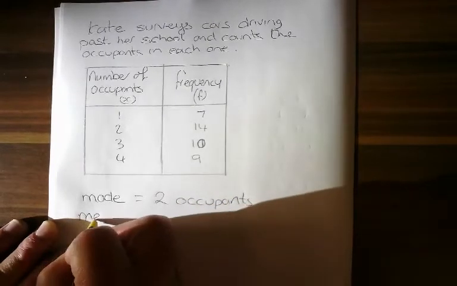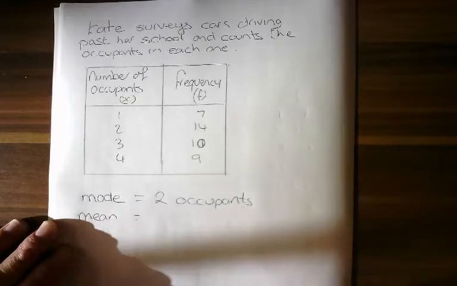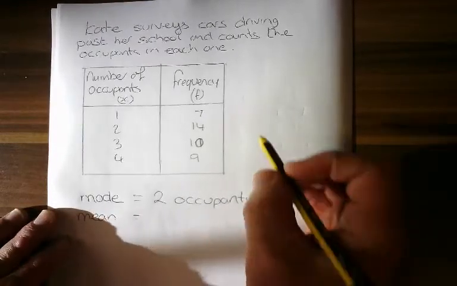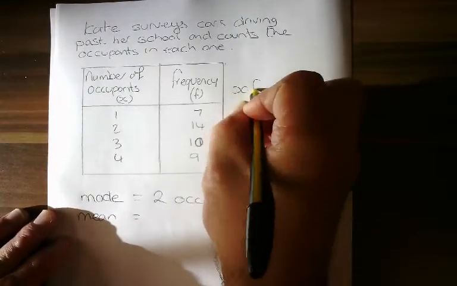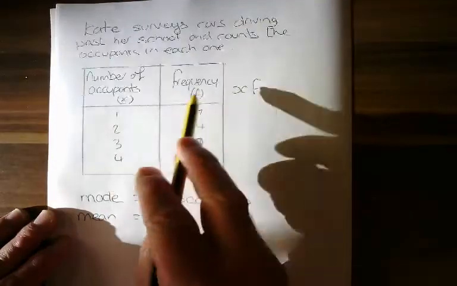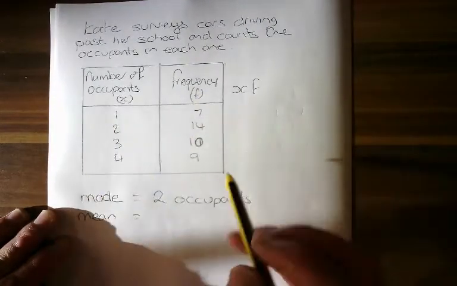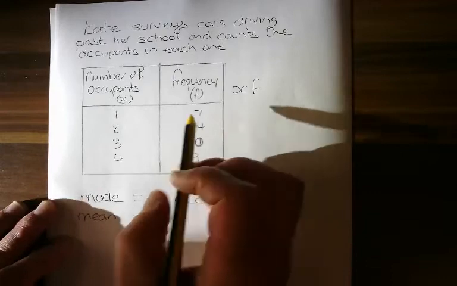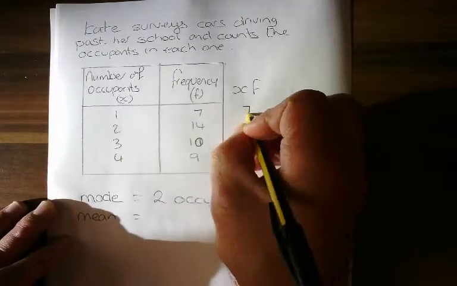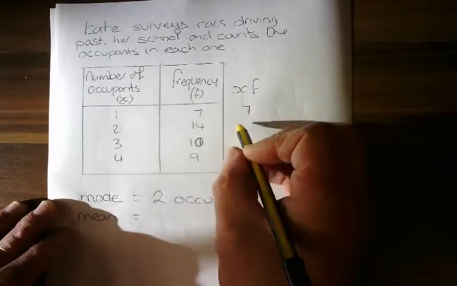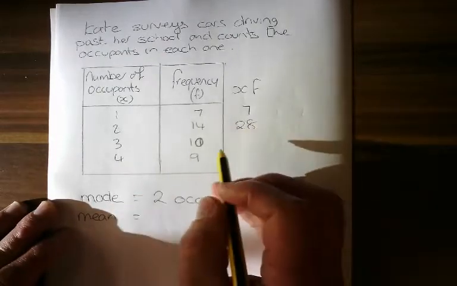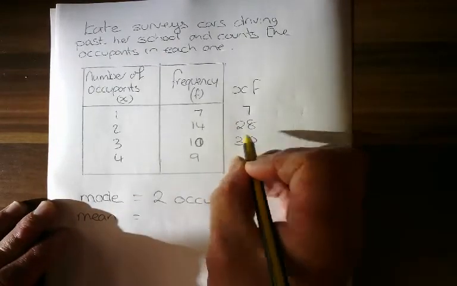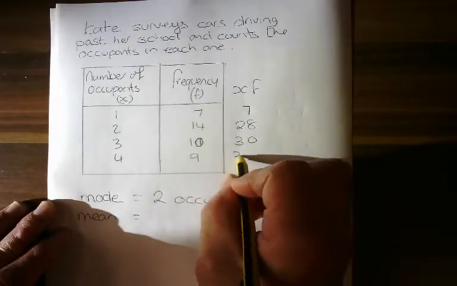Okay, the mean. Remember back to our previous example, we need to create another column called XF. We've called the data column X and the frequency F, so we're multiplying straight across. So 1 times 7 is 7, 2 times 14 is 28, 3 times 10 is 30, and 4 times 9 is 36.